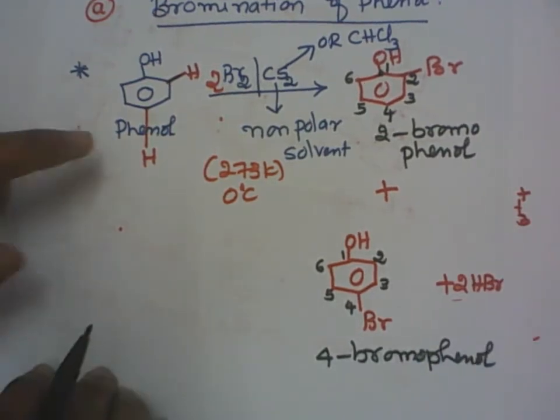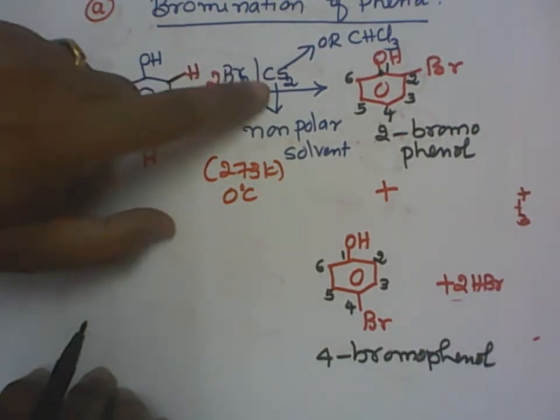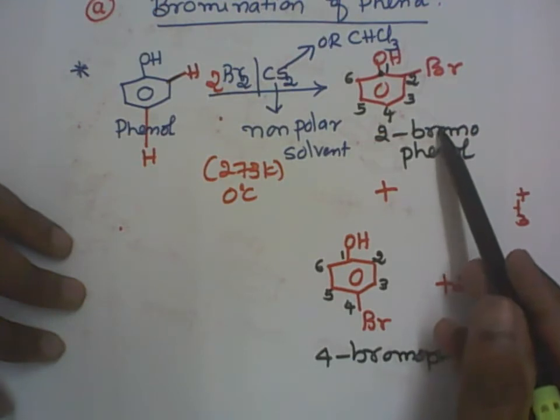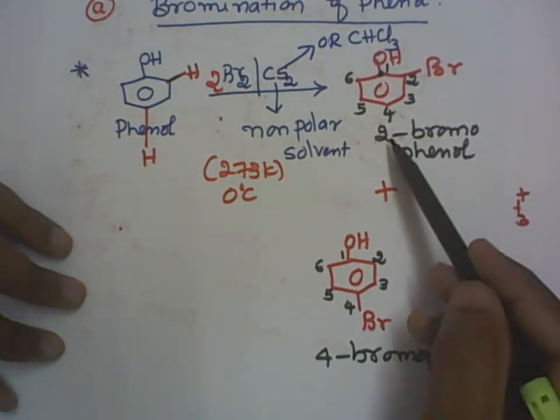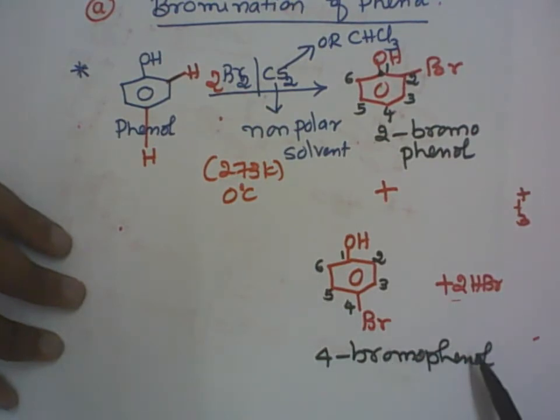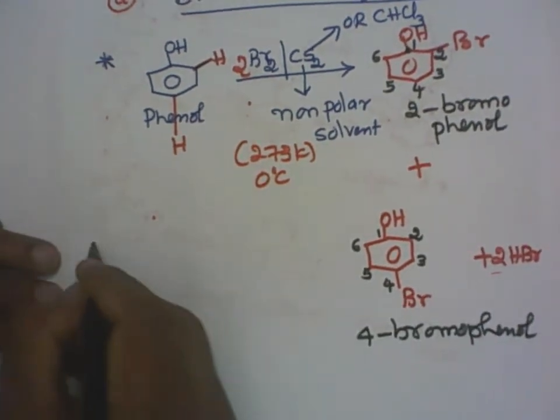So phenol reacts with bromine in carbon disulfide to give a mixture of ortho and para products, 2-bromophenol and 4-bromophenol. I'll also write the common names.